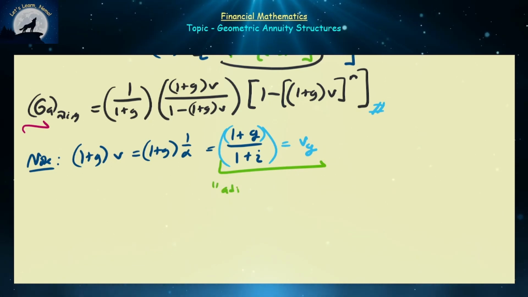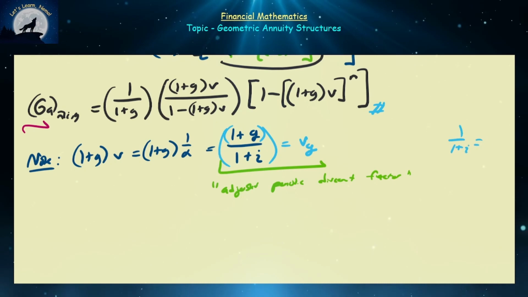It's called the adjusted effective discount. Actually, let's not call it effective. Let's call it the adjusted periodic discount factor, right? So it's almost like the typical 1 over 1 plus i is equal to nu, but it takes into consideration a geometric increase.